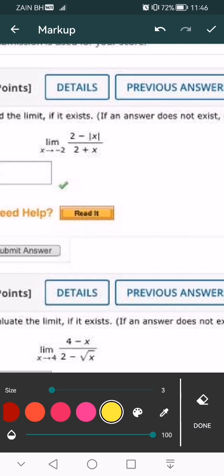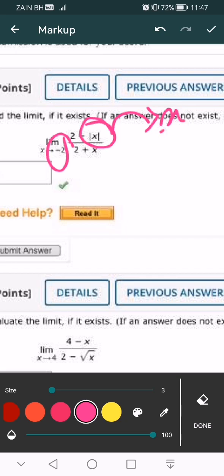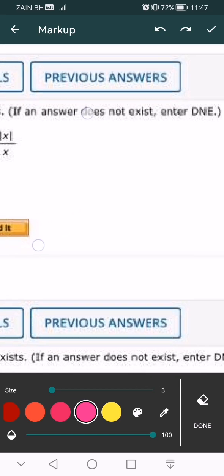My question is limit as x goes to minus 2. Because I have minus here, I can replace the absolute value with minus x. So I will change the shape of the question according to the given.